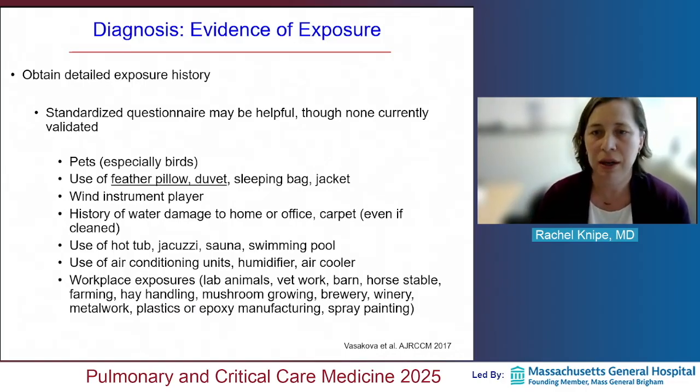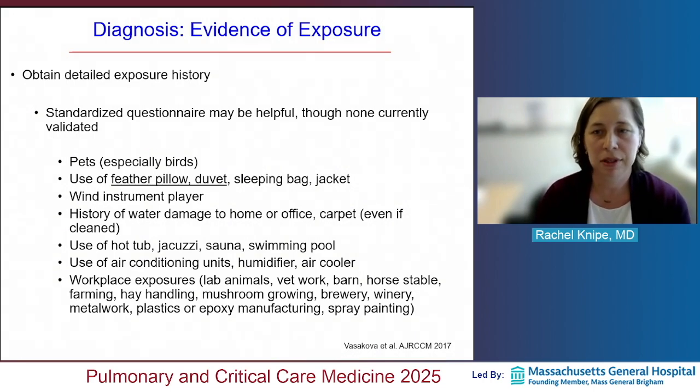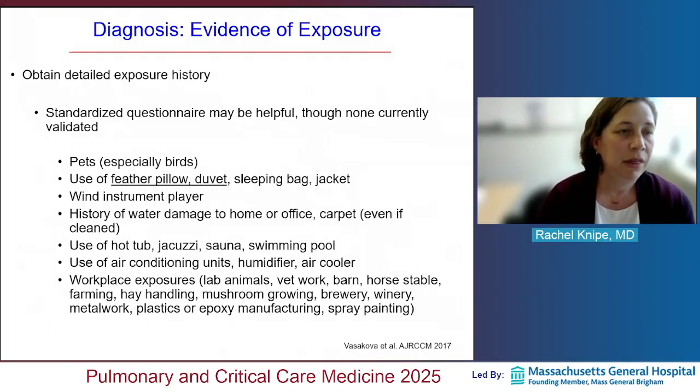Whenever you have a patient where HP is on the differential, and I would include any new ILD in this category, it's really important to obtain a detailed exposure history. There are some standardized questionnaires. They may be helpful, but none of them are really validated.